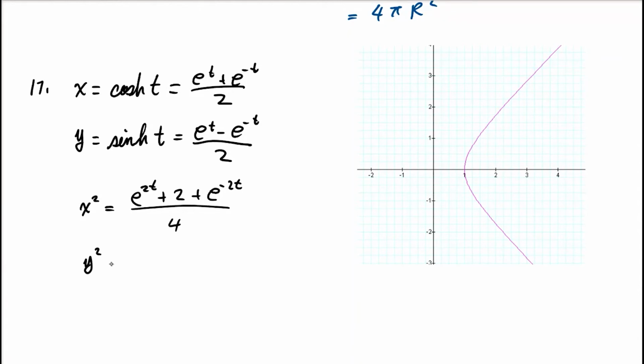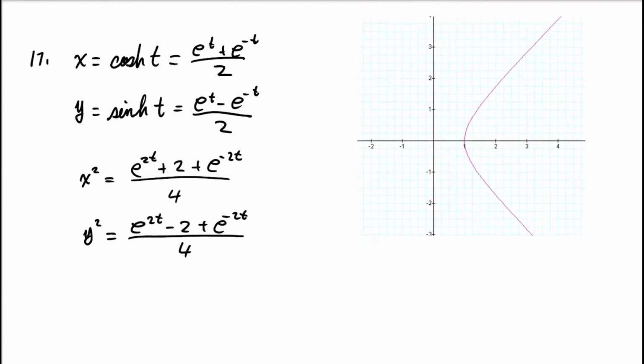And then y squared is e to the 2t minus 2 plus e to the negative 2t over 4. So far, so good. And then how do we eliminate t? Well, we can vertically subtract. So on the left-hand side, I will have x squared minus y squared. And on the right-hand side, do you see all the e to the stuff cancels out? And it gives you 1? Wow, that's nice. It's a hyperbola now, isn't it?